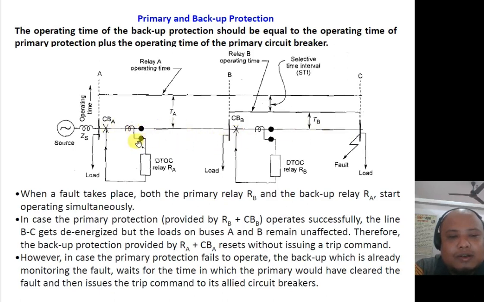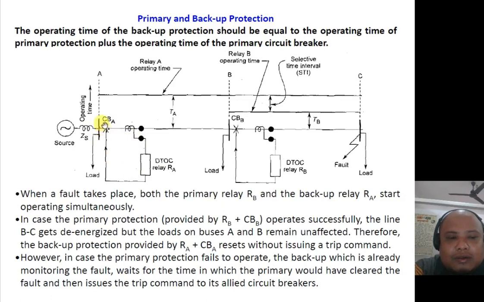But what is the disadvantage here? If this works satisfactorily when there is a fault in this line section, only the faulty section is disconnected. But if the primary scheme for this faulty section fails to operate, then the secondary will come into action and it will disconnect the line here.